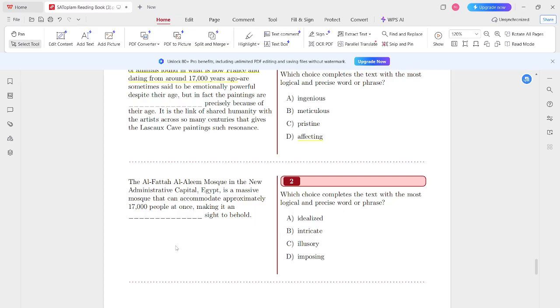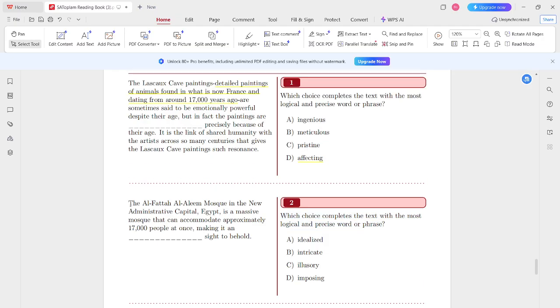Now, next question. The question asks the same thing. We have to complete the text with the most logical word or phrase. The text: the Al-Fattah Al-Alim Mosque in the new administrative capital of Egypt is a massive mosque that can accommodate approximately 17,000 people at once, making it a blank sight to behold.